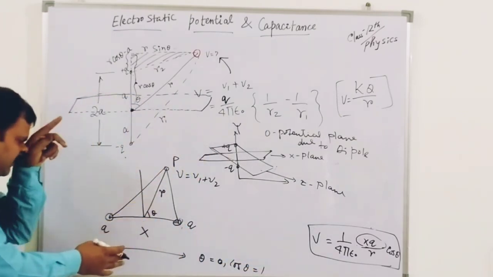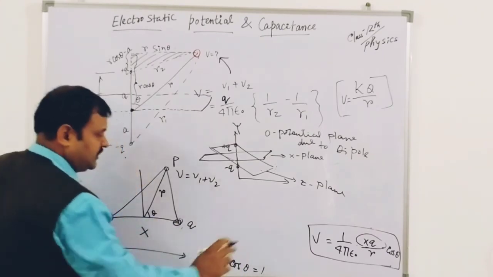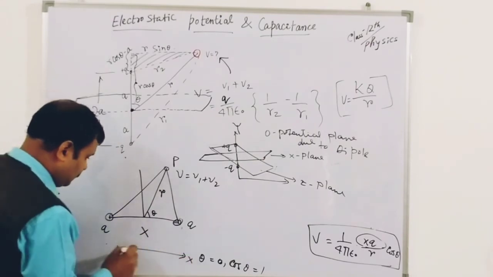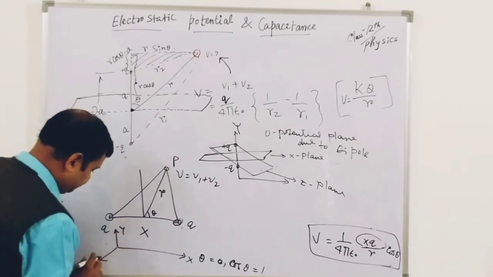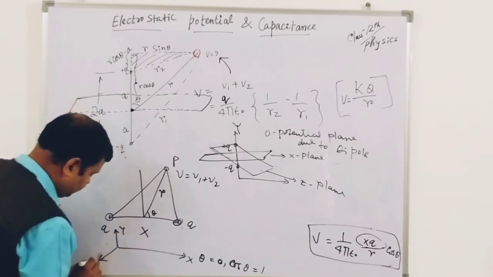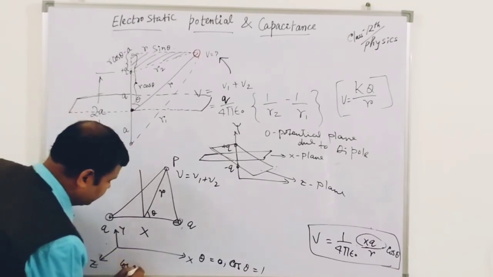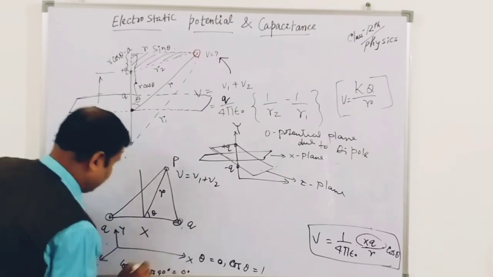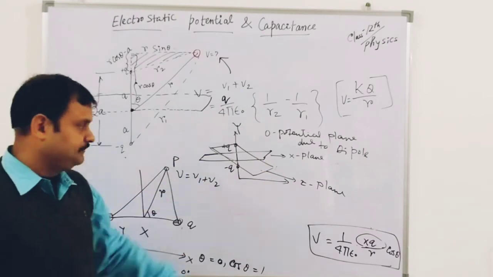Maximum potential means it will be the potential on this axis. But in the perpendicular axis, whether it is y or z, cos theta is cos 90, and in that case the value is 0, zero potential in the two perpendicular directions like this.